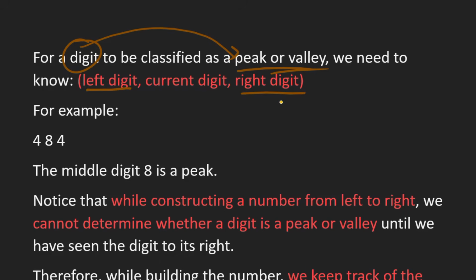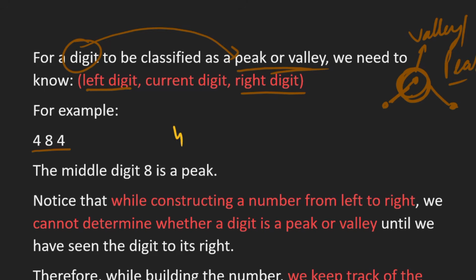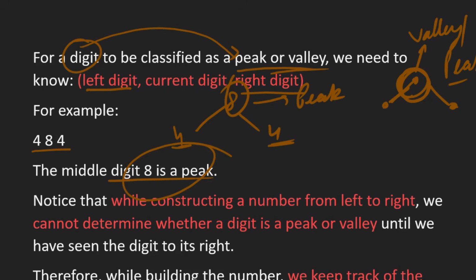If we know both, we compare them with the current digit and decide whether it is a valley or a peak. For example, with 484, the 8 is a peak because it is greater than both of its adjacent numbers.